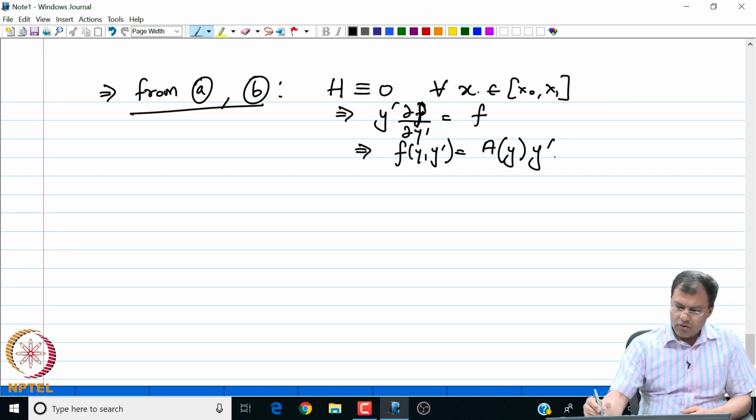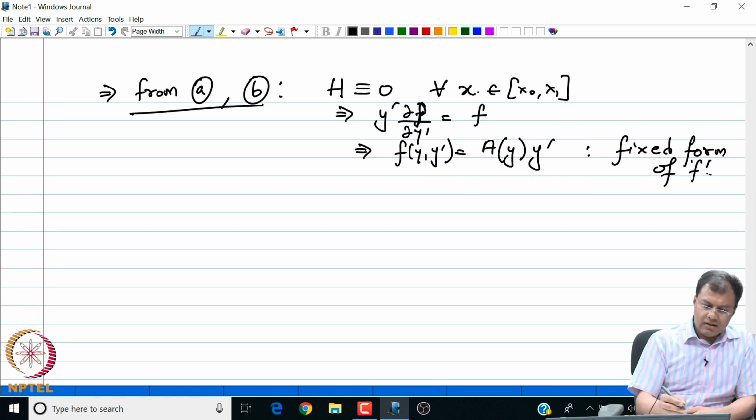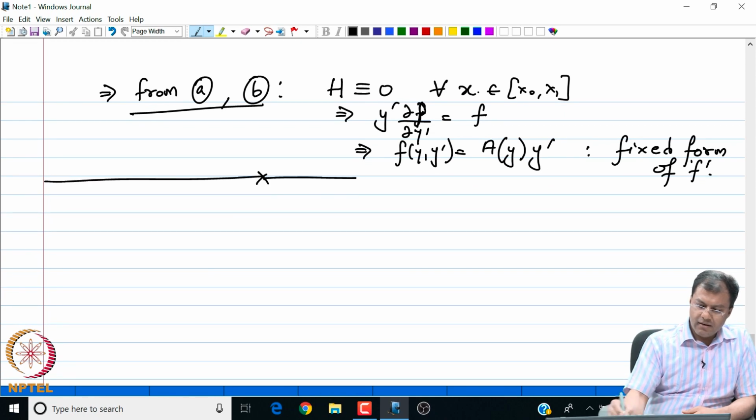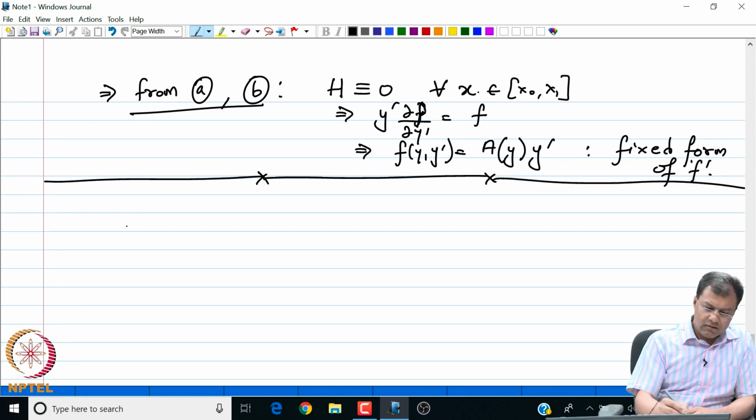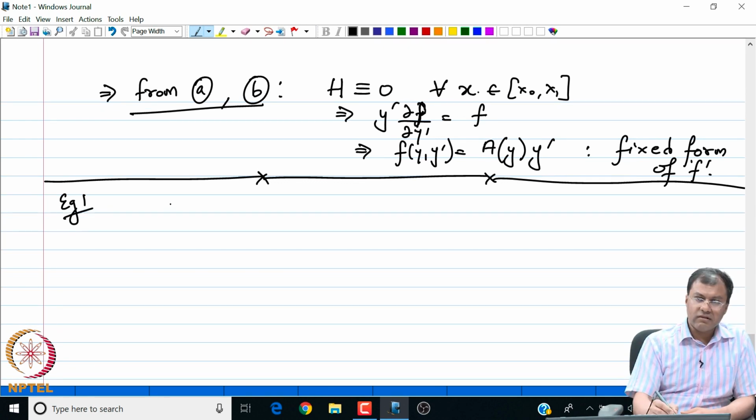So we could only get a solution for this form of f, otherwise we will not get a solution. So let us look at a proper example in this discussion.